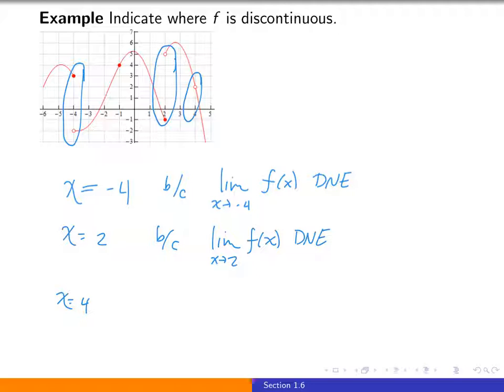The reason being is we just have an open circle for our function, and we have no closed circle anywhere. So the reason it is discontinuous at x equals 4 is because f of 4, the function, is undefined. And if the function is undefined at a point, it is not able to be continuous at that point.